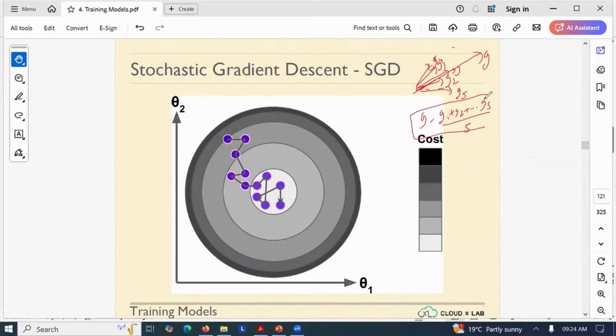So in batch gradient descent, the gradient vector is the average gradient vector, which is the accurate gradient. But in SGD we rely on only G1, G2, or G3, so this gradient is not the actual gradient. Therefore, to reach the optima position, we will follow a zigzag path, because the gradient is noisy.